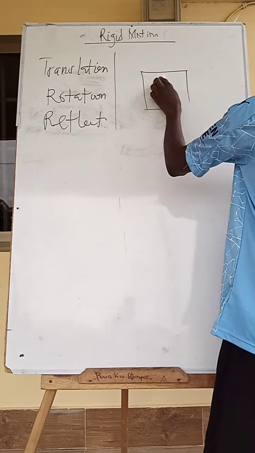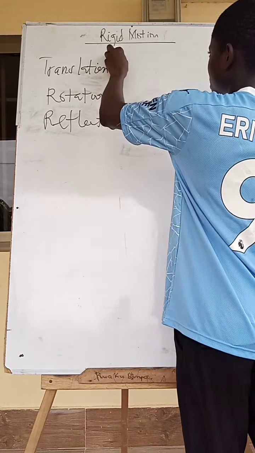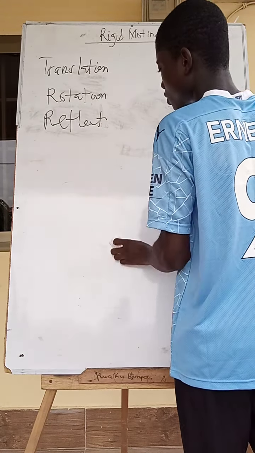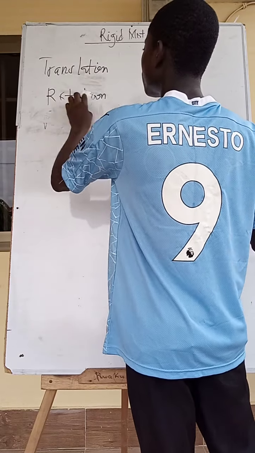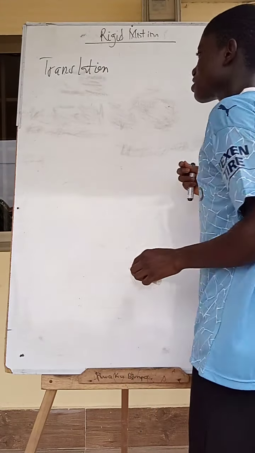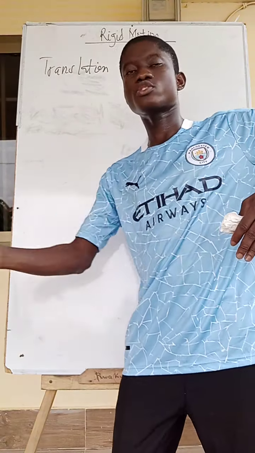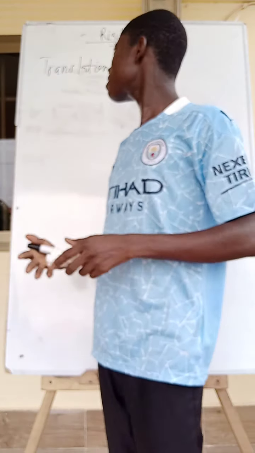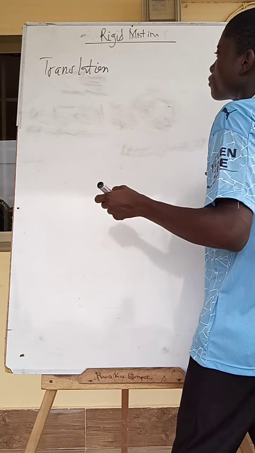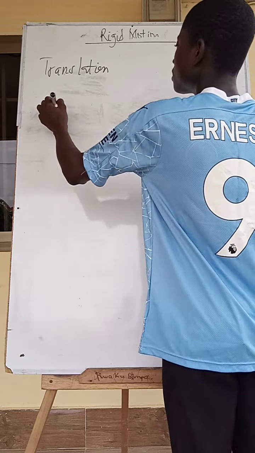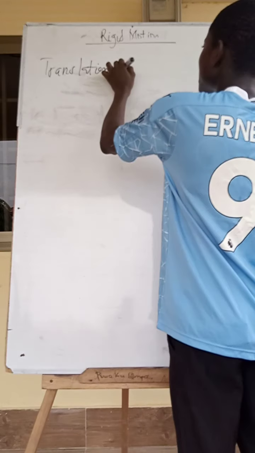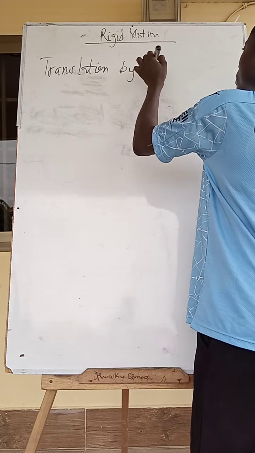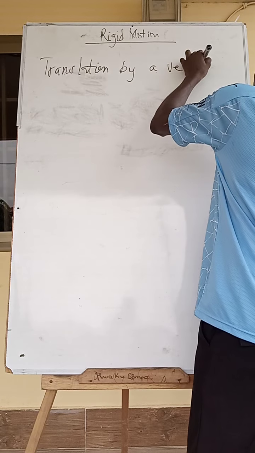As you know, in mathematics, we solve more and we talk less. So here, when we talk of translation, we always translate a point by what? A vector.